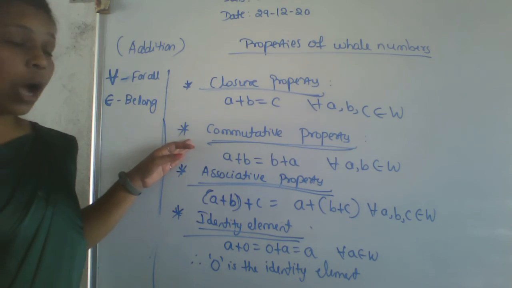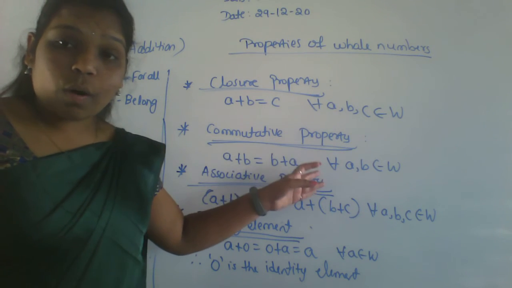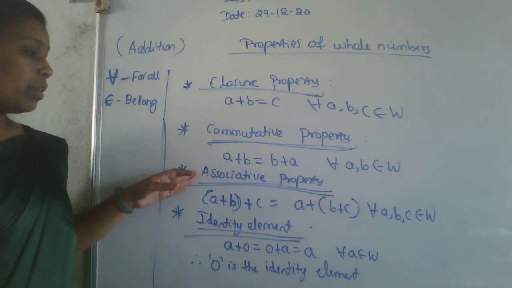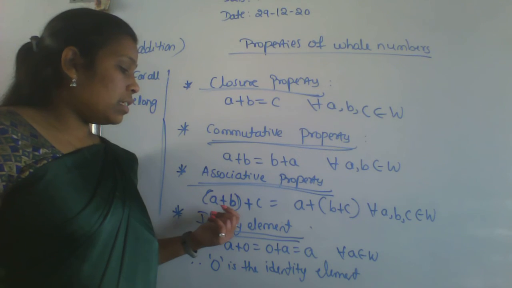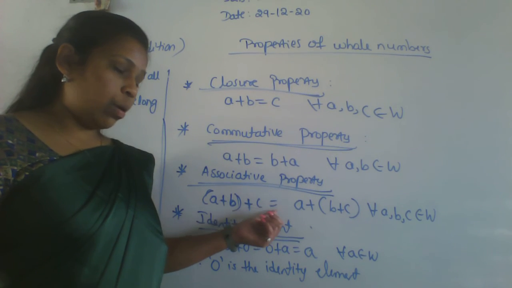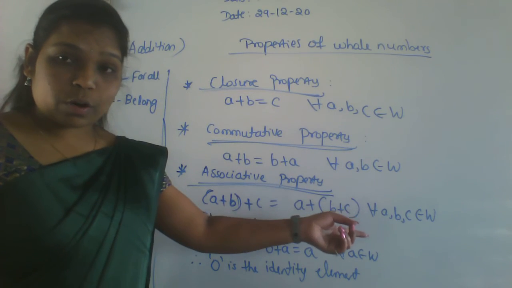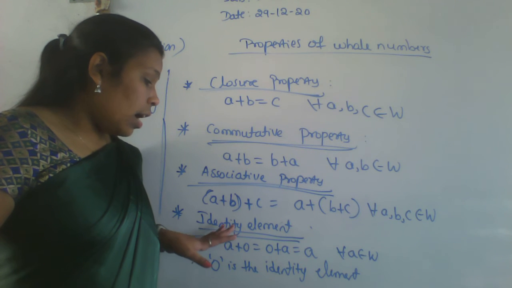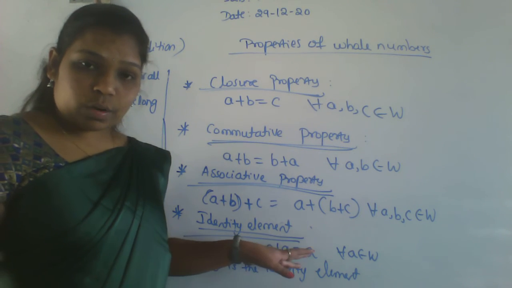Next is the commutative property, that is a + b = b + a for all a, b belonging to whole numbers. Third one is the associative property, (a + b) + c = a + (b + c) for all a, b, c belonging to whole numbers. Next one is the identity element: a + 0 = 0 + a = a only.